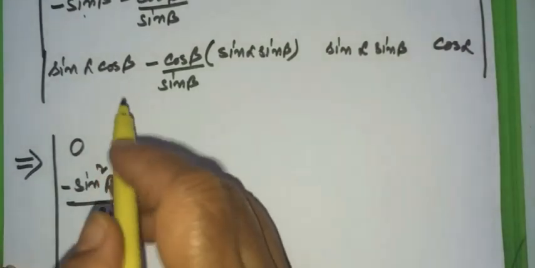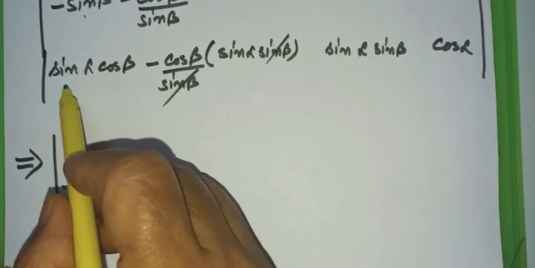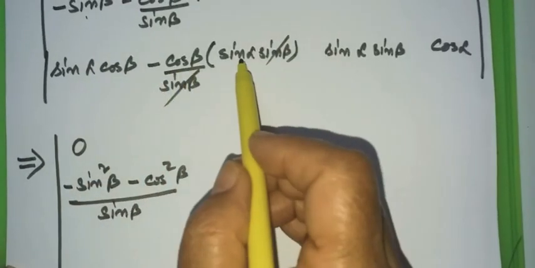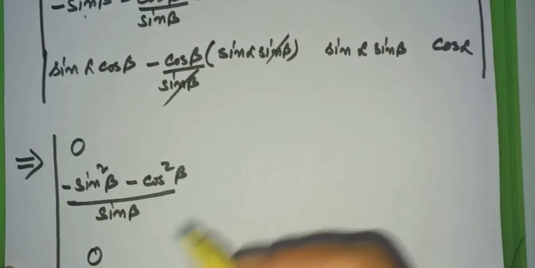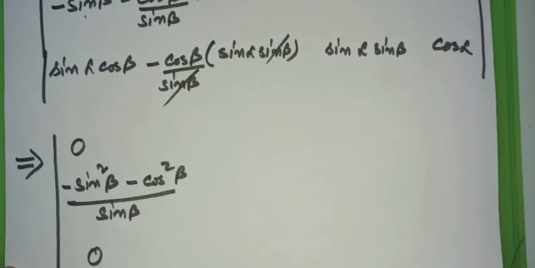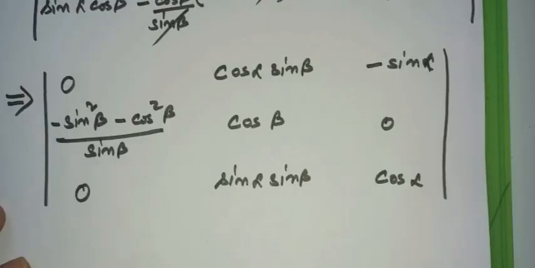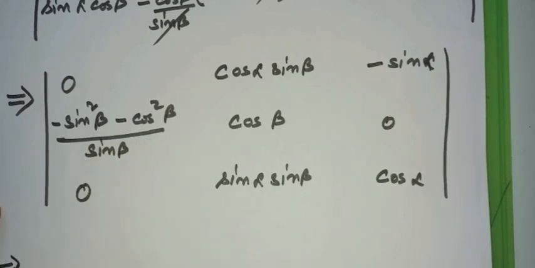And I can see that the third element, sine alpha cos beta minus sine alpha cos beta, gets cancelled. So this element also comes out to be 0. Now I copy down the elements of column 2 and column 3. So I get this determinant.